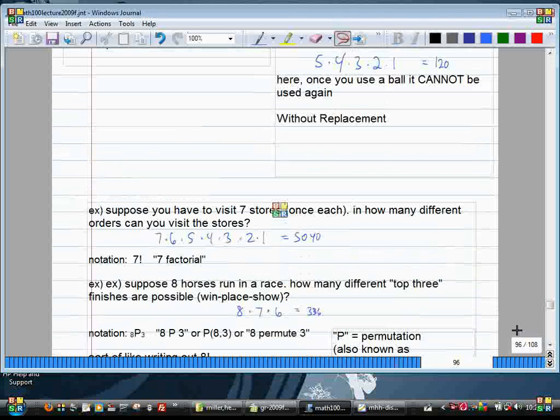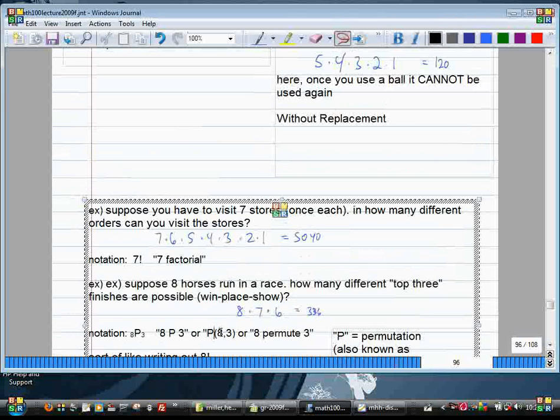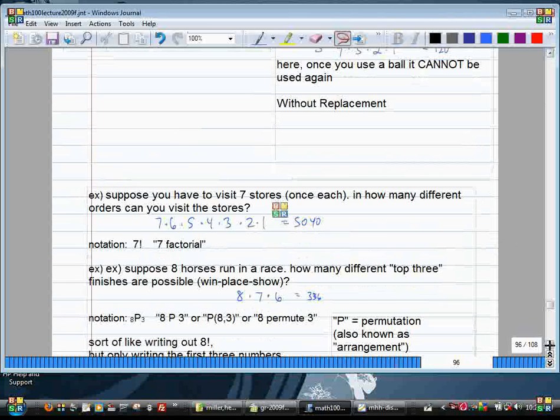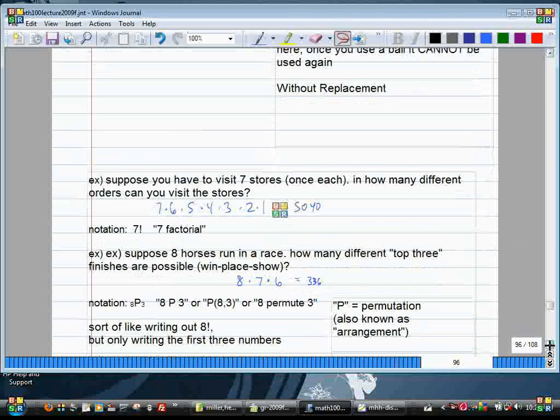I'll usually write it the first way with little 8, big P, little 3, but you can write it any of these ways and that's okay. Notice that this is sort of like writing out 8 factorial, but only writing out the first 3 numbers. Because again, in this case, we only care about the first 3 spots.